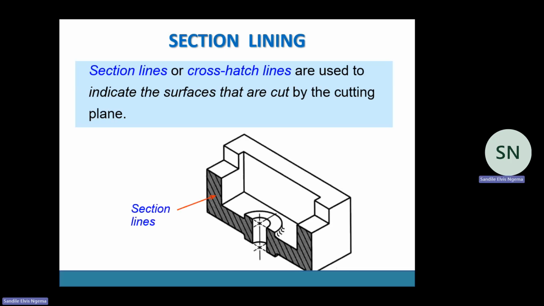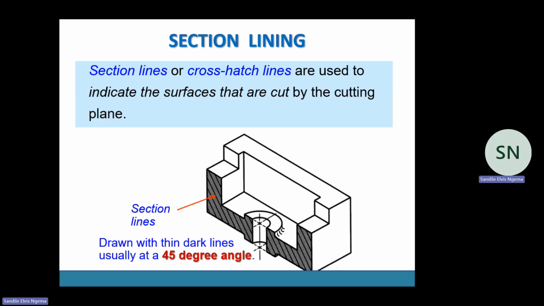So whenever we are drawing sectional lines, that is when we are showing areas that were in contact with the cutting plane. Cutting plane indicates whatever equipment we use to cut our drawing. All right.